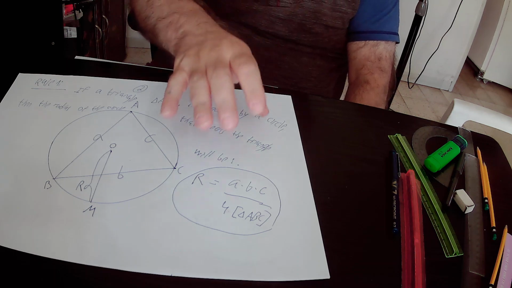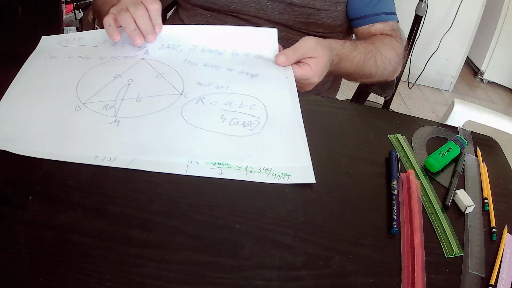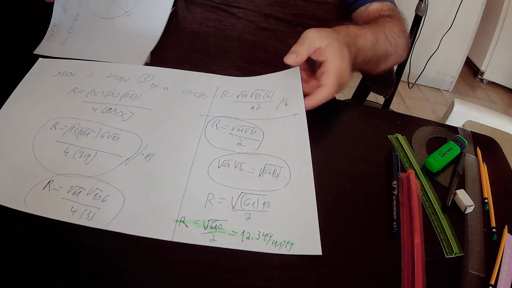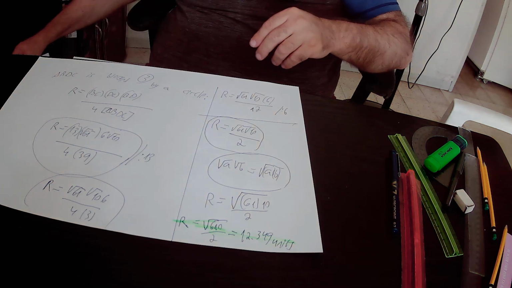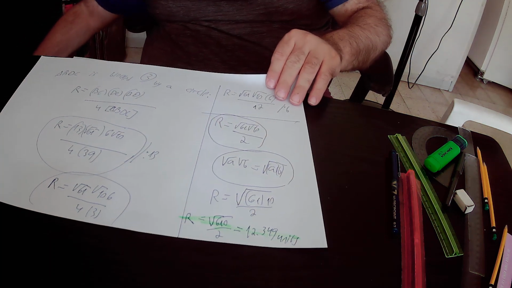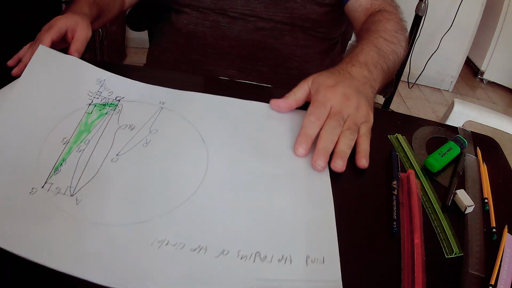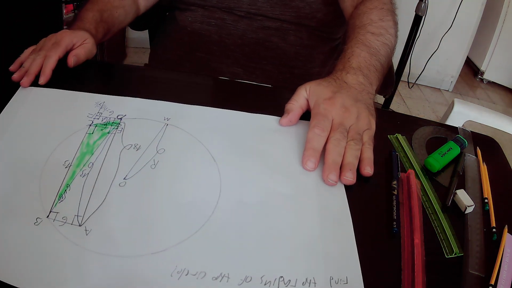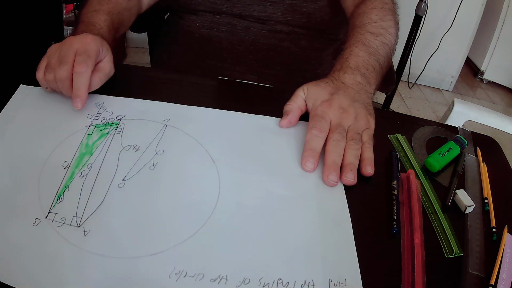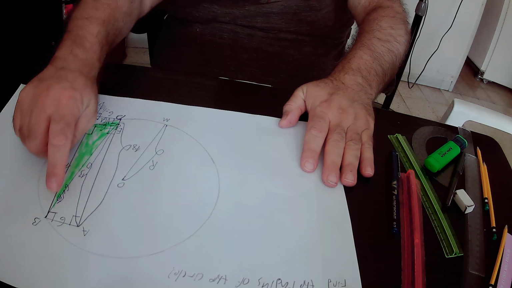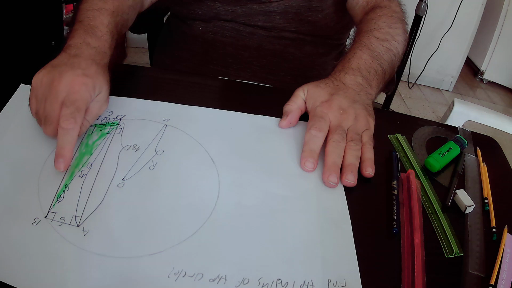Okay, so we can implement rule number 1 in our drawing. Why? Because in our drawing we have the green triangle DBC blocked by this circle. Why? Because all 3 vertices of the green triangle touch the circle.